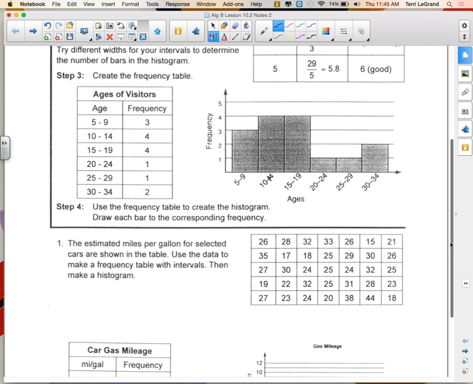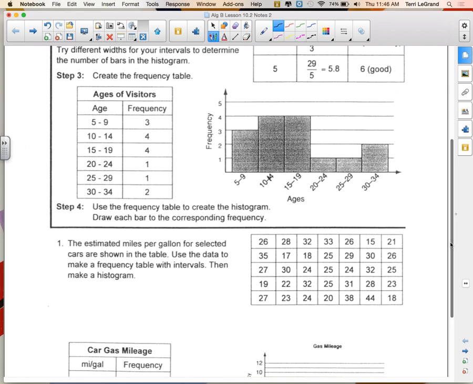So notice, after we decide that the intervals are going to be 5 years long, if you're age 5 to age 9, is that a span of 5 years? 5-year-olds? Yes. 6-year-olds? Yes. 7-year-olds? 8-year-olds? 9-year-olds? 5 ages, right?